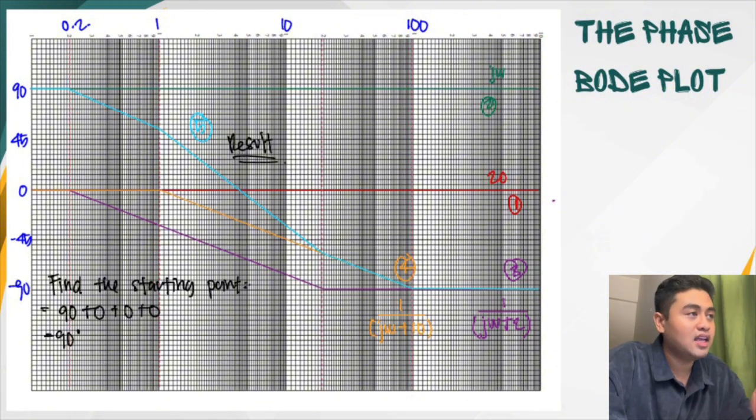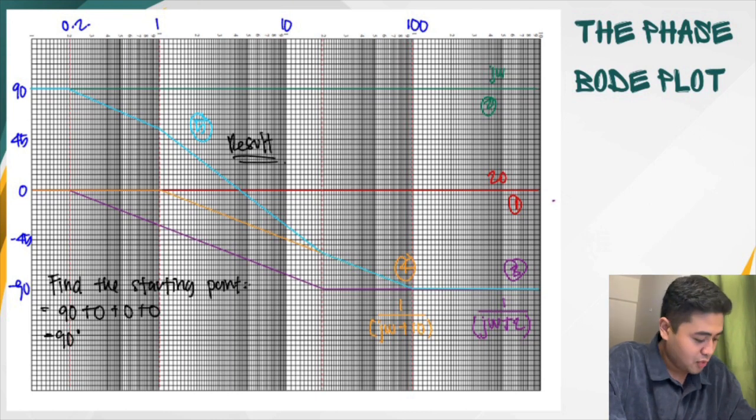So we apply the same calculation, which is 20 jω over 1 plus jω over 2 multiplied by 1 plus jω over 10, and then we make it into the phase Bode plot. First, we need to find the gain.